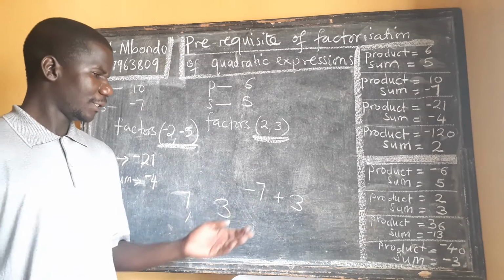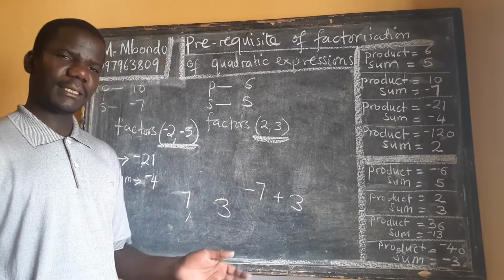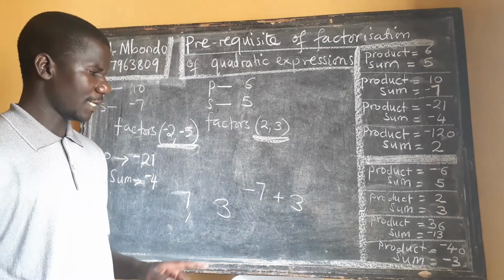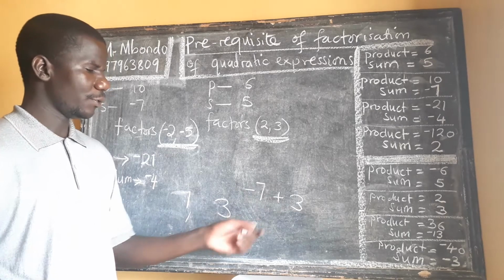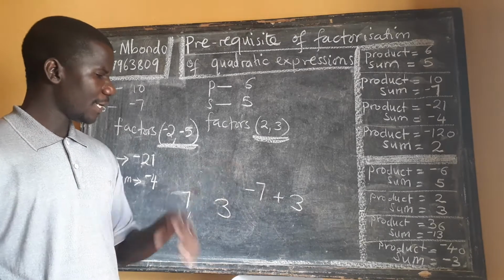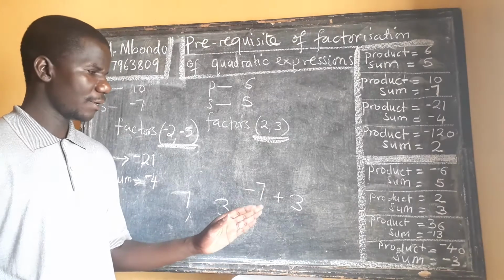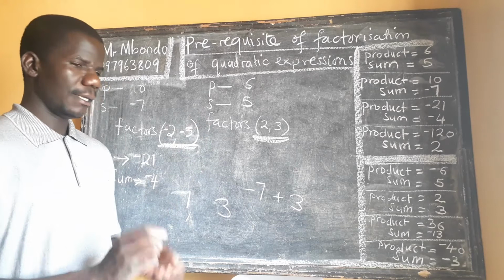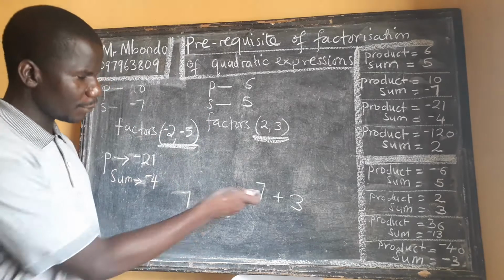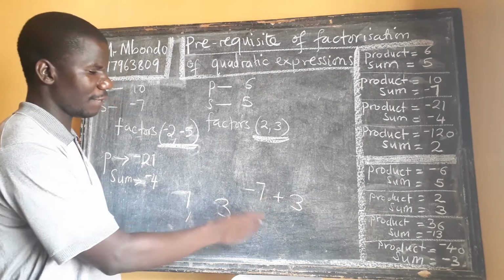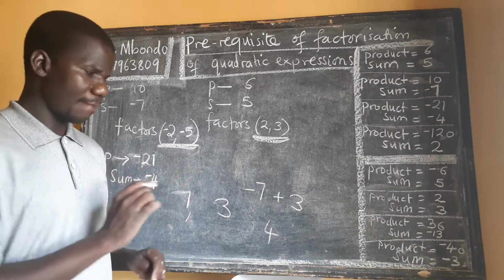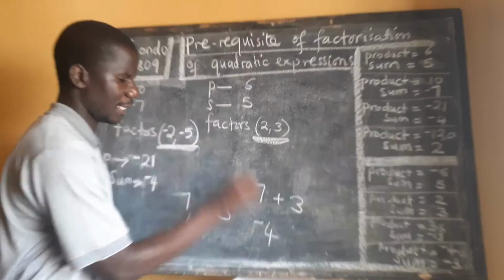The rules that are taught about integers from grade 6, 7, through to grade 8 emphasize that when you've got different signs, you subtract the numerically smaller number from the numerically larger number. Then the answer is going to keep the sign of the numerically larger number. So when you subtract 3 from 7, you get 4. Then the answer will always keep the sign of the larger number, which will be a negative.